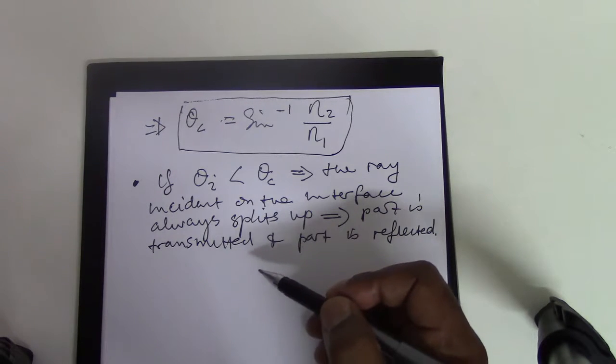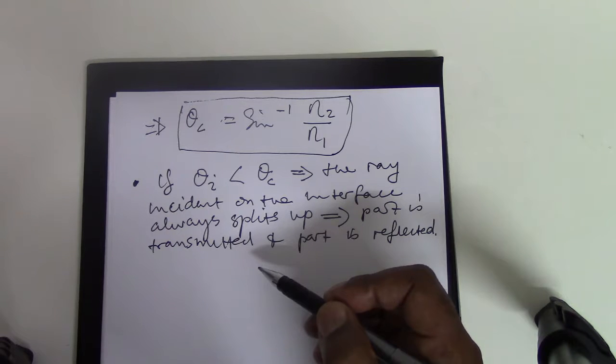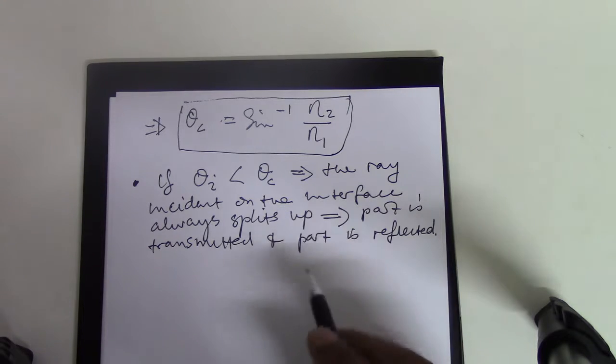Now remember, this coincides with the ray model. According to the ray model, when light encounters a non-homogeneous interface, part of it is transmitted and part of it is reflected. Even part could be absorbed.